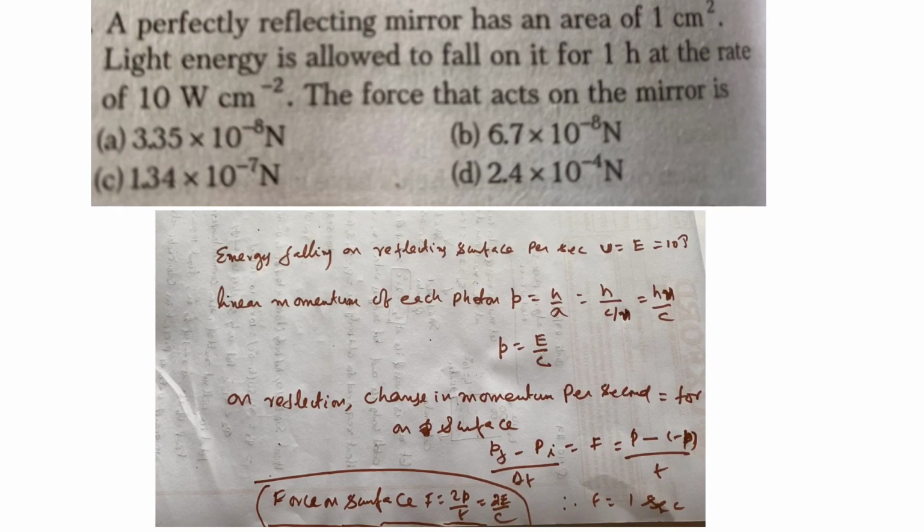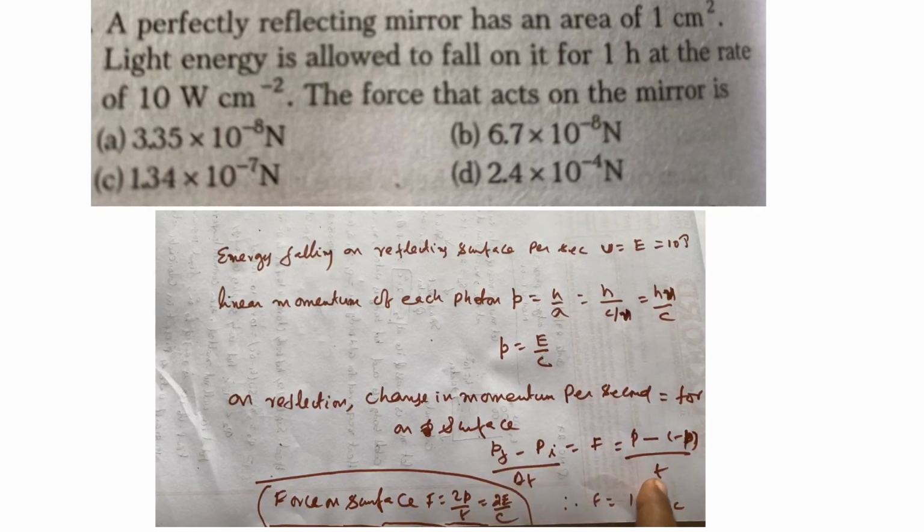Rate of change of momentum equals force: final momentum minus initial momentum. Both momenta are of equal magnitude and opposite direction.